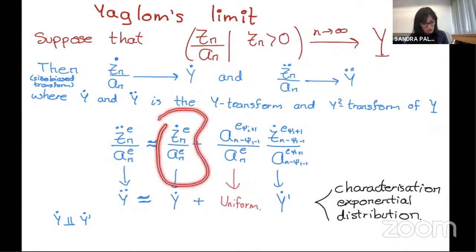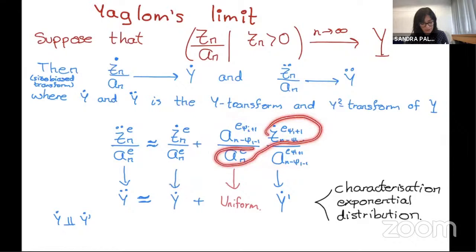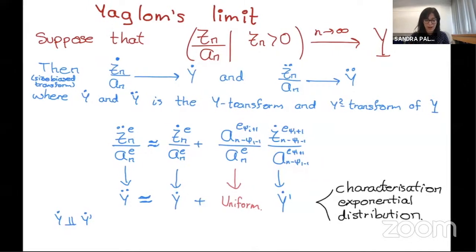This term here converges to Y double dot, and in this part we only have this thing here, right? The renormalization is bad, so we have to correct it. So we add this extra factor, and the last term converges to Y double dot prime.